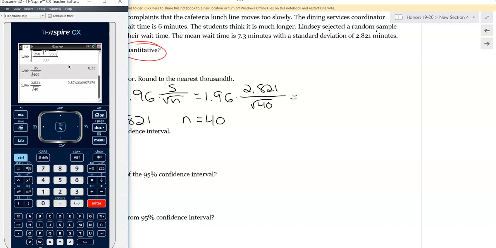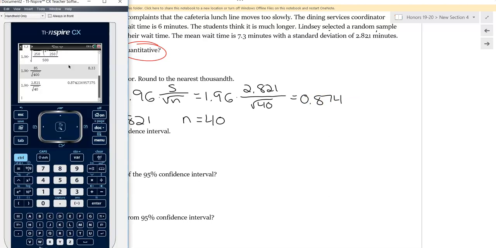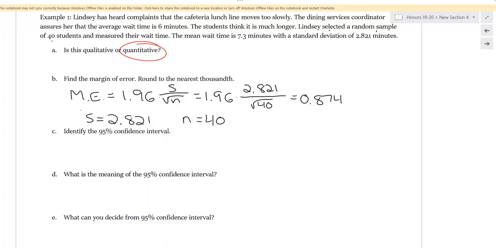And we get 0.874. I rounded that correctly, 0.874. We use thousandths a lot, but sometimes it's what makes sense.